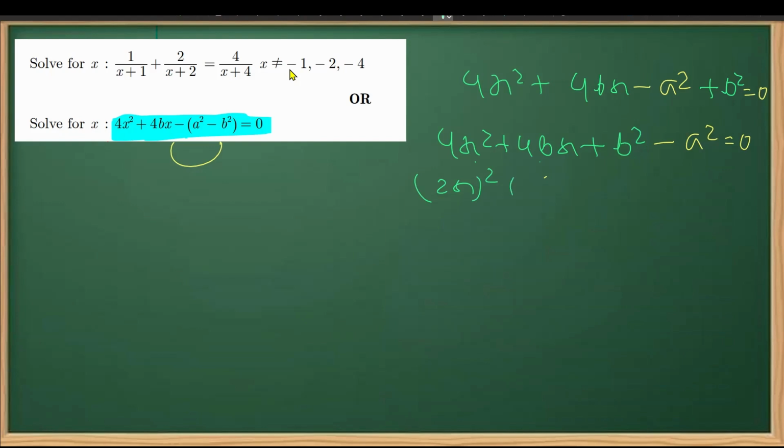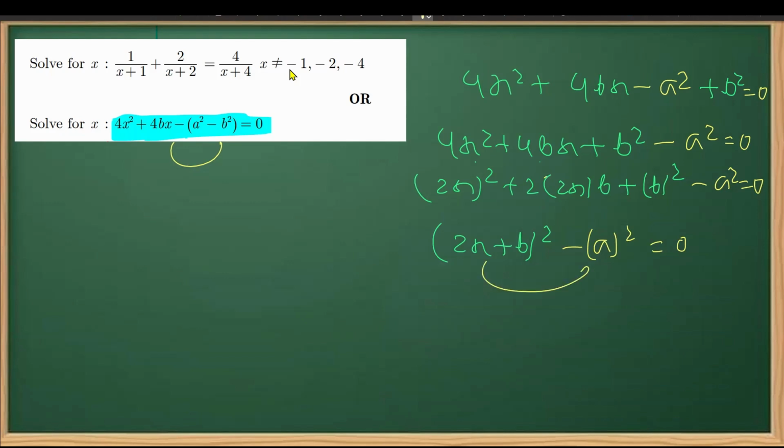So I can write this as 2x square, this is 2 times the first term, which is x, and the second term, which is b in this case, plus square of b, and minus a square, which is not part of this identity, will be outside. So we can write this as 2x plus b whole square minus a whole square.